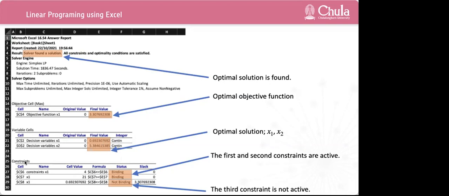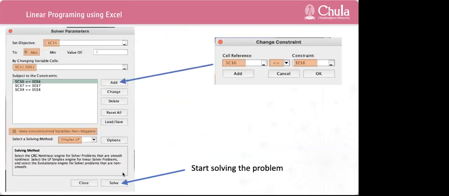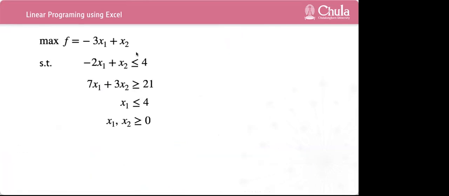Also, if we look at the constraints, you see that Excel reports the first two constraints are binding, and the third one is non-binding. What does it mean? Binding means that constraint is active. When the constraint is active, that means the solution is on this function. I mean, the less than or equal turns to equal instead. This constraint is binding, so it is active.